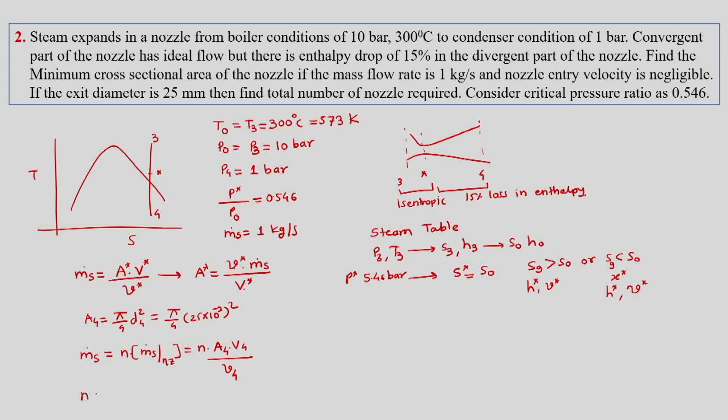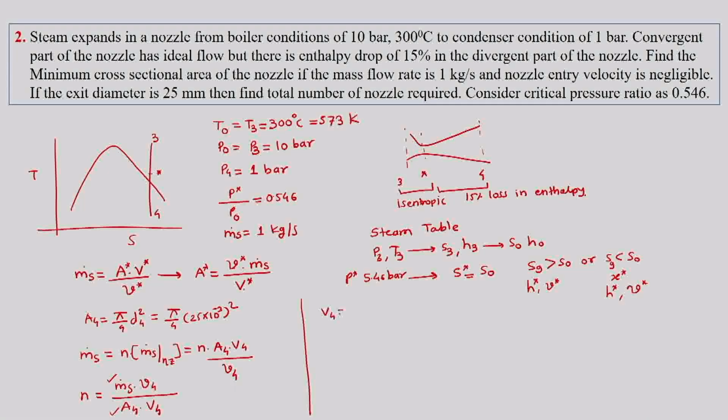So N, the number of nozzles, is m dot S into specific volume at 4 divided by A4 into V4. Now here we will be in trouble, since m dot S is known to us and A4 is known to us, but we don't know V4 and specific volume at 4. So that we need to find out.